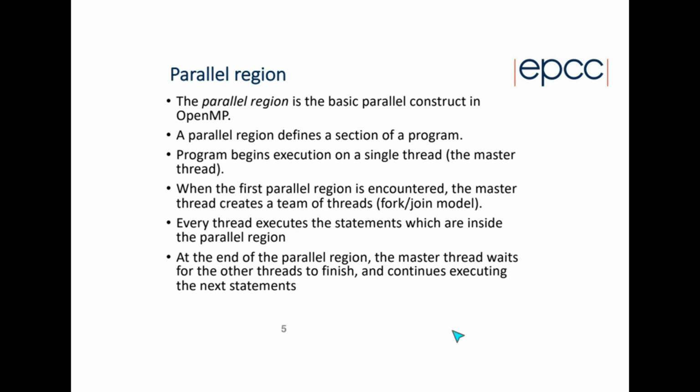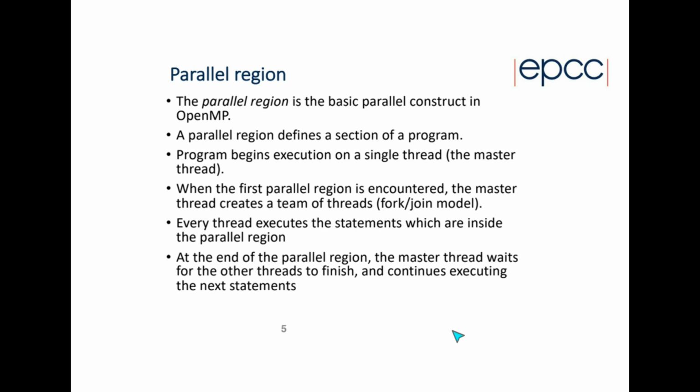Okay, so a parallel region defines a section of our program. The way OpenMP works is that the program always begins executing on a single thread, which in OpenMP terminology is called the master thread. So an OpenMP program just behaves like a regular old sequential program until we get to the first parallel region.